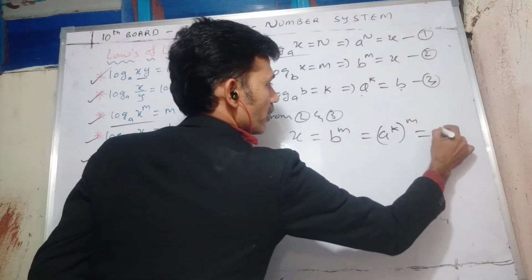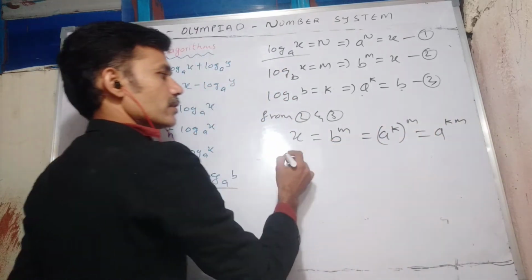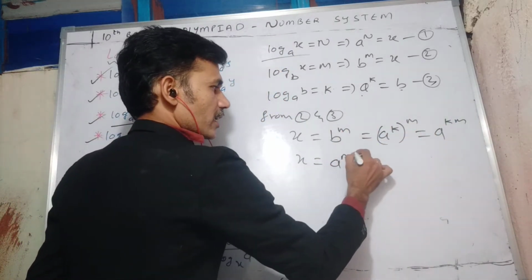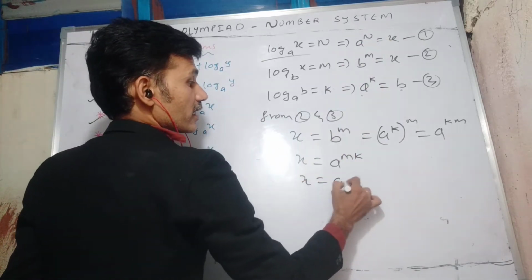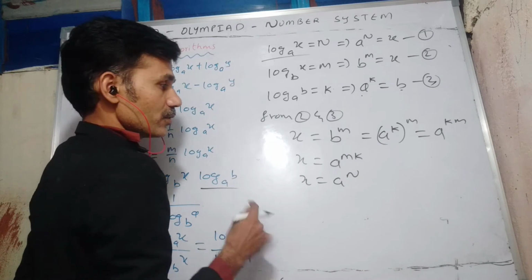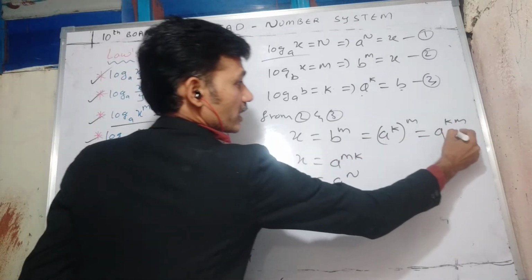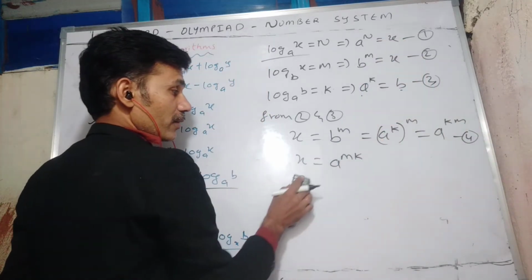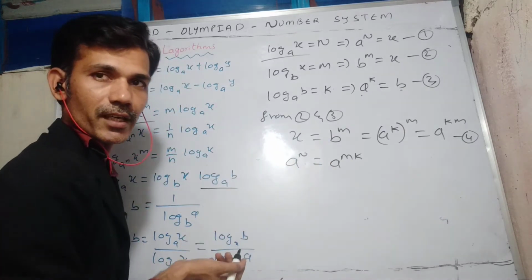That is a power k times m or m times k. So here x equal to what we got? M times k we got. But x equal to a power n is there. So from this fourth condition and the first condition, what you are going to get? A power n will be equal to a power m times k.